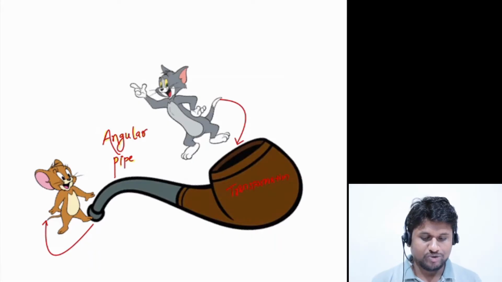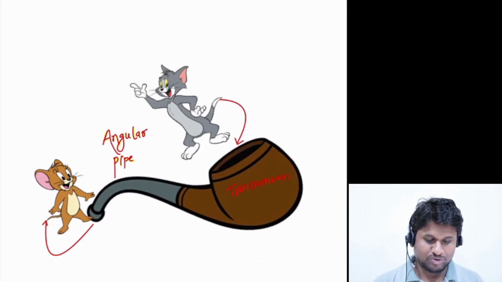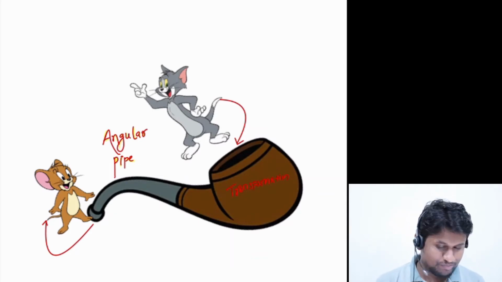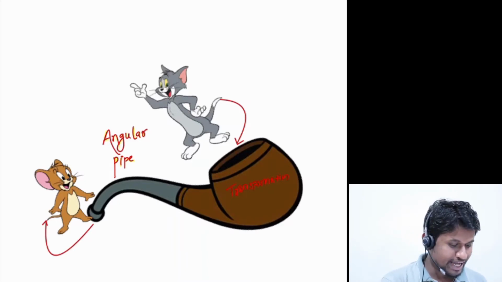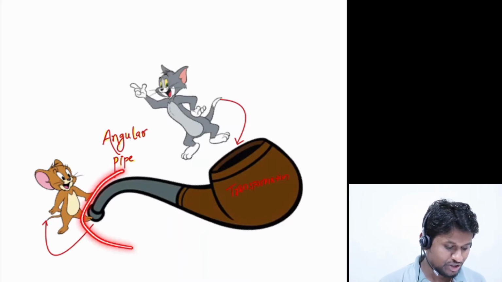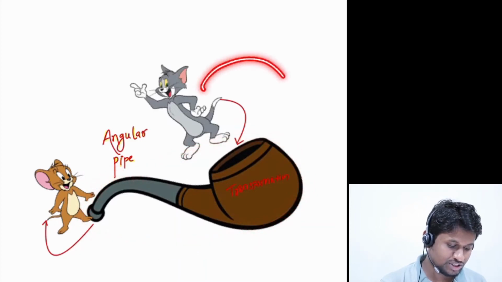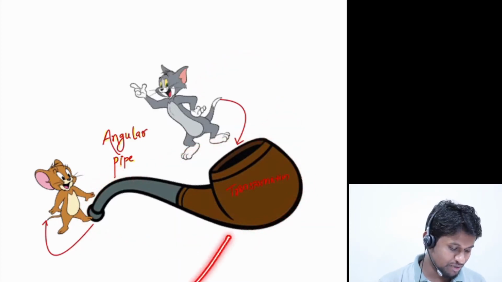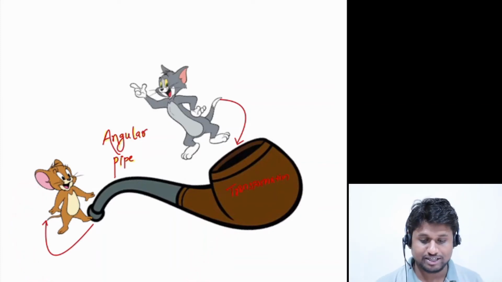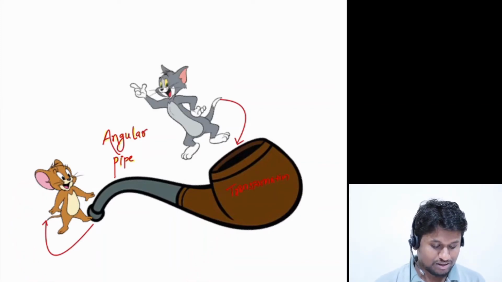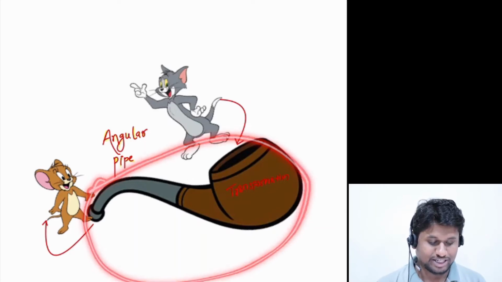If you are new to Angular and you're not aware of the pipe, I will spend some time explaining what a pipe is. A pipe is actually a data transformation unit where you can put some source data and it can be converted into your target data. It works as a transformation where all the transformation logic can be set in the pipe.